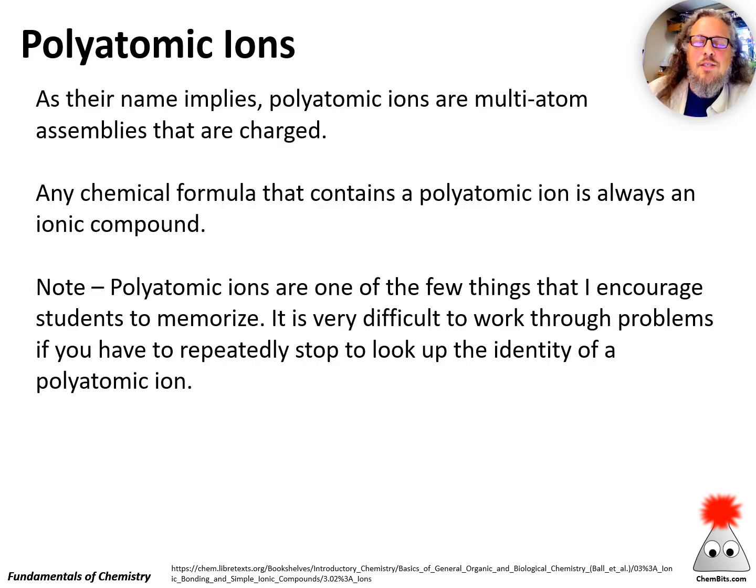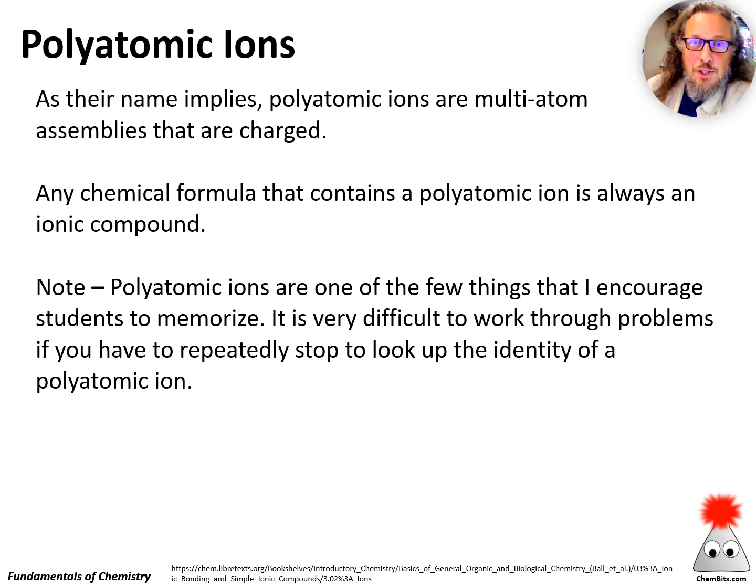As their name implies, if we break that down, poly means many, atomic, atoms. So a polyatomic ion is a grouping of multiple atoms that have a charge. The majority of polyatomic ions are anions, or negatively charged, but we'll run across a couple of positively charged ones as well.